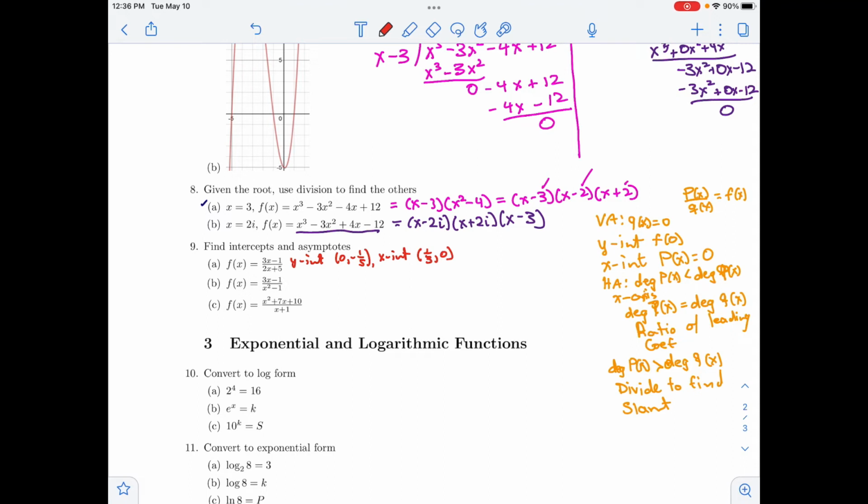The vertical asymptote, set the bottom equal to 0, and we get x equals negative 5/2. Horizontal asymptote, the degree on top and the bottom are the same, so it's going to be y equals 3/2.